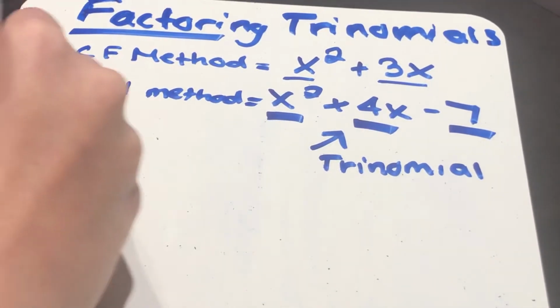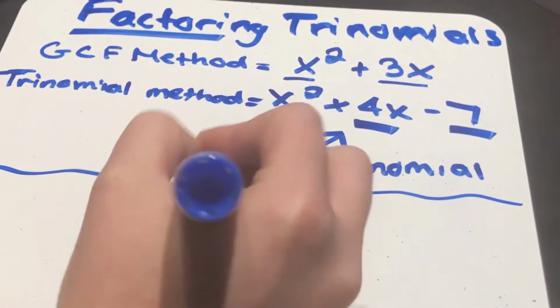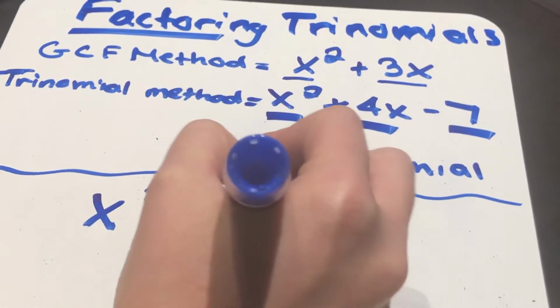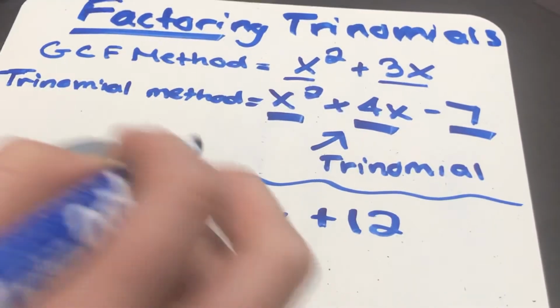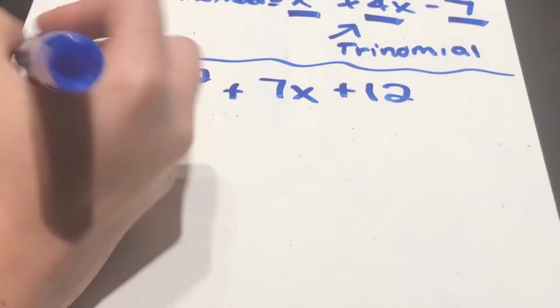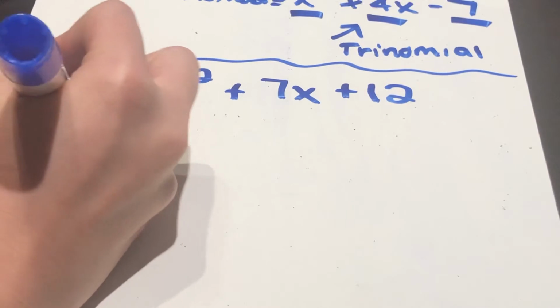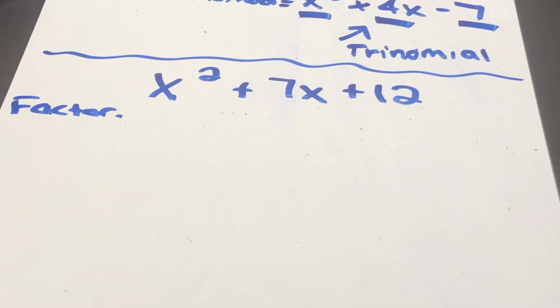All right, here's my example. When you have a trinomial, I'm gonna write one down: x squared plus 7x plus 12. Let's say the instructions tell you to factor this.